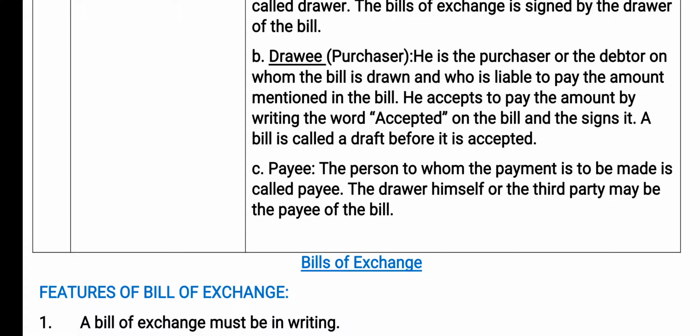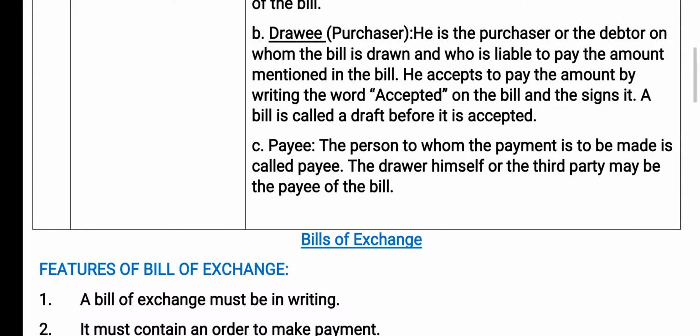So in this case, he will accept the bill made by the seller and sign it. Drawee is the person who is the purchaser and he is going to sign or accept the bill.